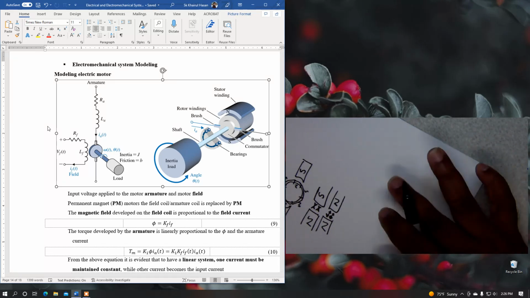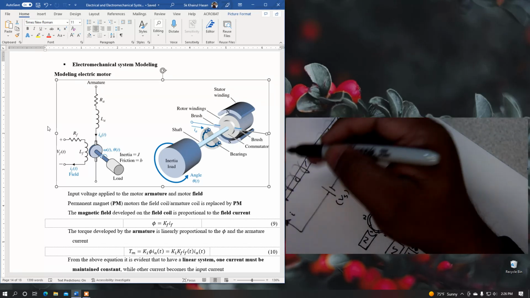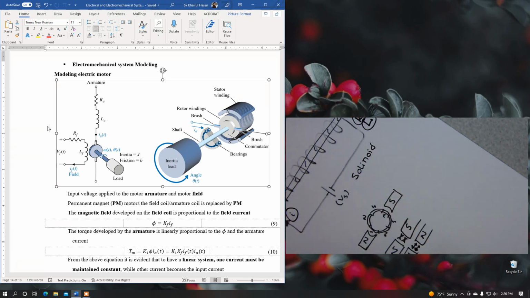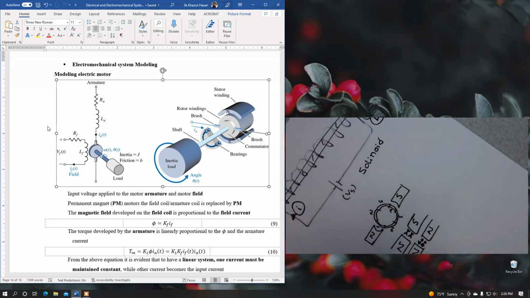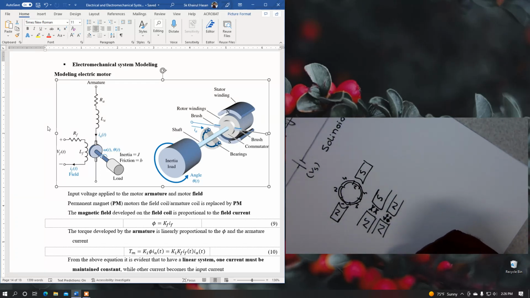Now, when the current flows through the solenoid, the magnetic field that develops depends on the amount of current that flows through the solenoid. The same principle is applicable for the motor. At any instant, the stator magnetic field depends on the field current.